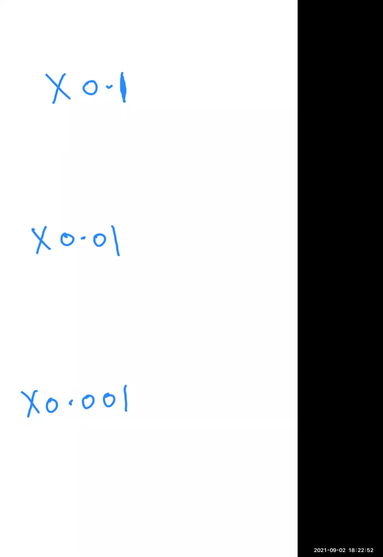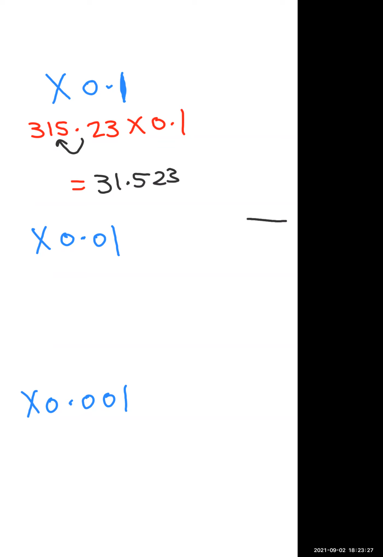If the number is like this, 315.23 times 0.1. In case of multiplying by 0.1, this means I have to move the decimal point 1 place to the left, like this. So it will equal 31.523.